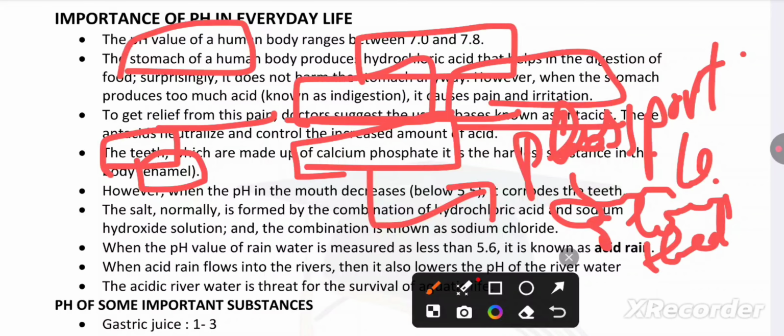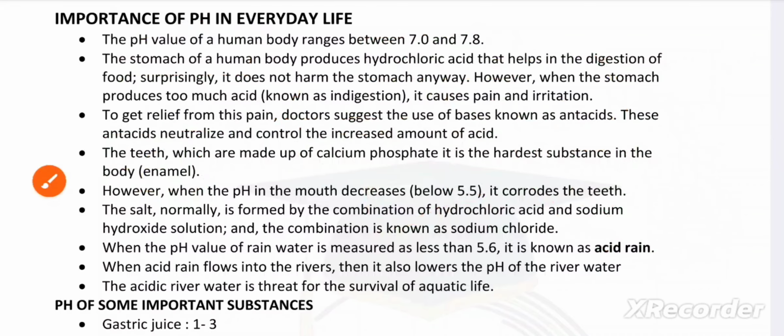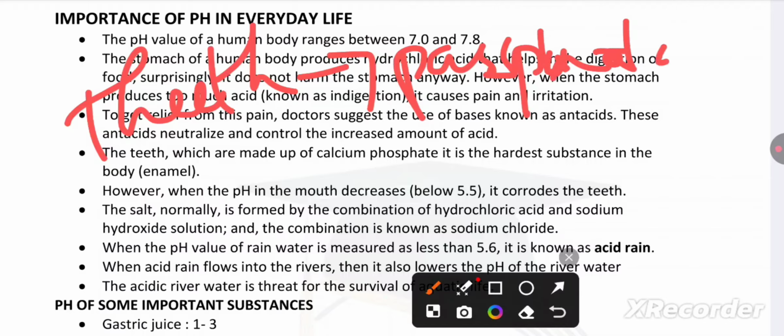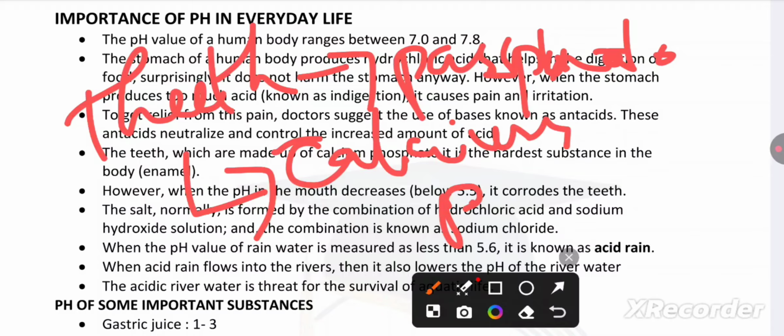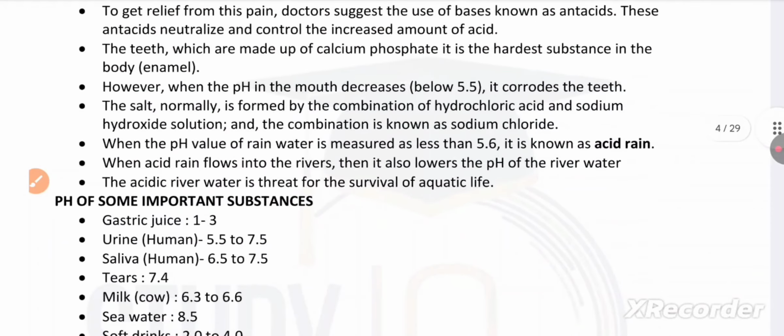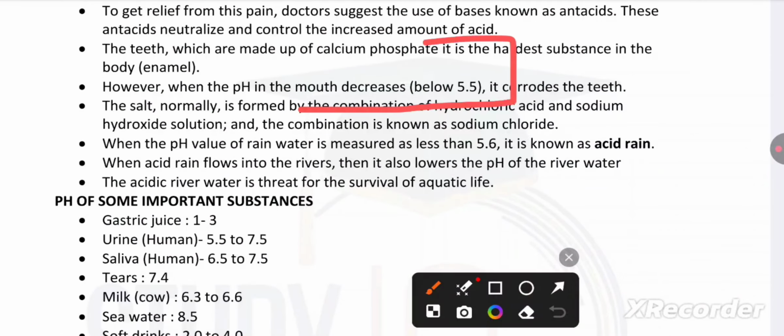This is my shortcut: teeth, passport size photo, calcium phosphate. We will never forget, guys, never. In our mouth, if pH reduces below 5.5, it corrodes and weakens the teeth.